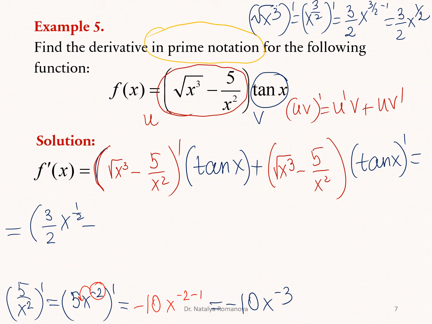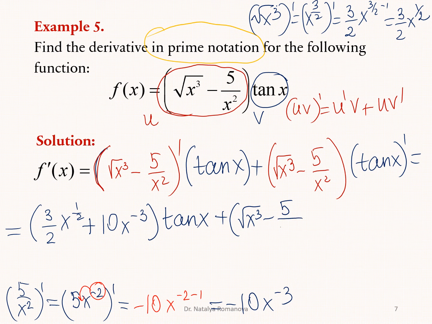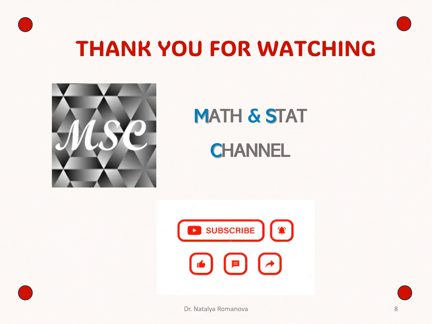So the derivative of 5 over x squared is negative 10 x to the negative 3, and we have minus inside, so it gives us plus 10 x to the negative 3, times tangent x, plus the first factor, square root of (x cubed minus 5 over x squared), times the derivative of tangent x, which equals secant squared x. We found the derivative of our given function. Thank you for watching and see you soon.